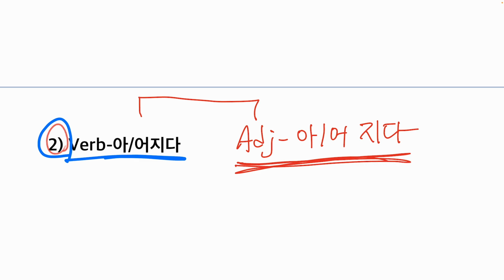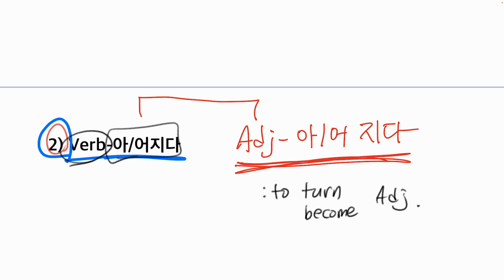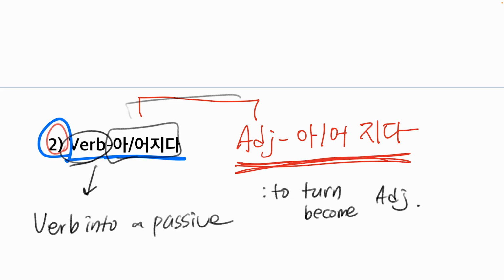Adjective 지다 means to turn, to become adjective. And when 지다 is combined with a verb, it has the function of making a verb into a passive form. So these two are clearly different things.